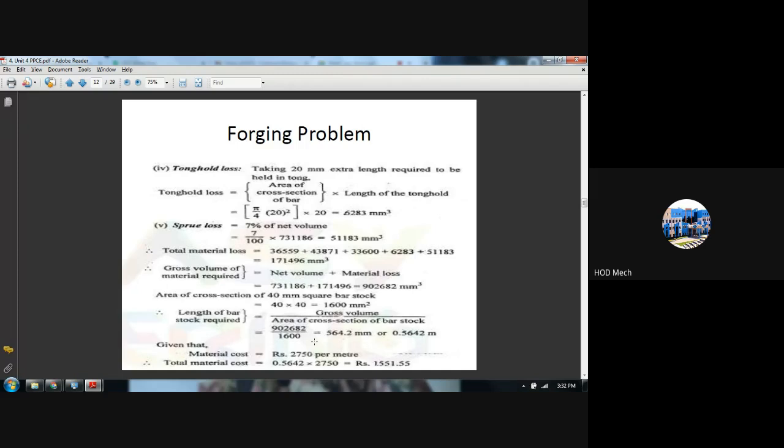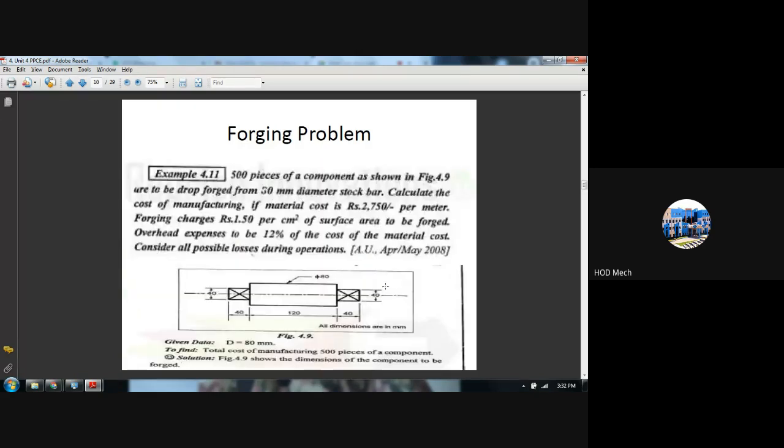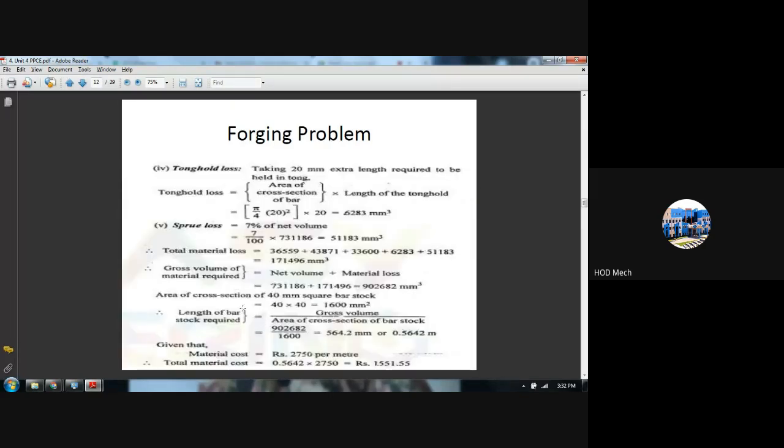Net volume is different, gross volume is different. In net volume we talk only about the volume. After finding the loss, if you add these two, what you get is the gross volume. Right? After finding the gross volume, you have to find the cross sectional area of bar stock required. For the bar stock required, again you have to go to your diagram and find out your minimum diameter, and based on the minimum diameter you calculate the cross section.